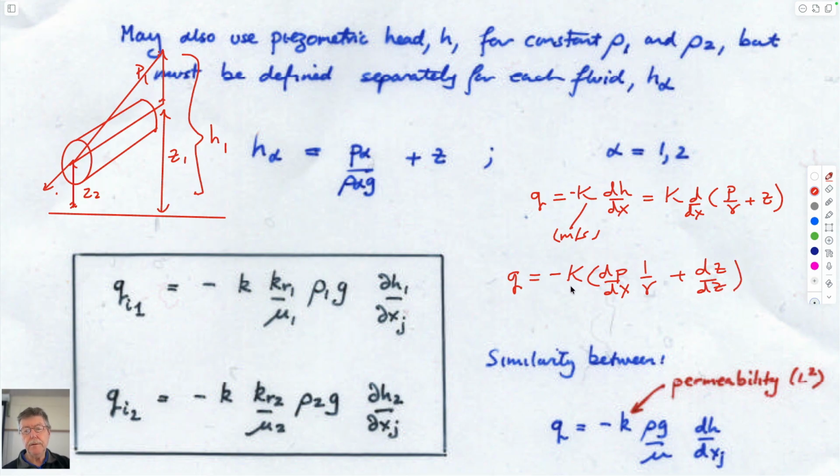And so if you multiply top and bottom with unit weight, then I guess you'd have to divide this through by here. Then you lose this term. You have this term, which is a unit weight multiplied by this.